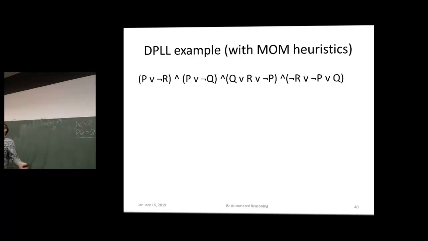So basically I now have an algorithm to apply on these two clauses. And now both of them are unit clauses, so it doesn't matter which one to start with. And basically, if I choose R to be false and Q to be false, I found a solution. So here my heuristics was so powerful that it basically disallowed me any meaningful search. So I should choose a better example next year.